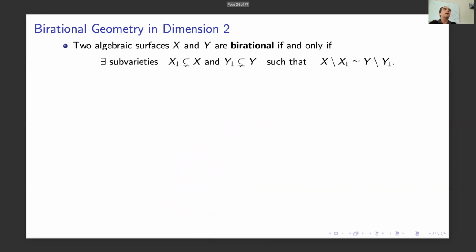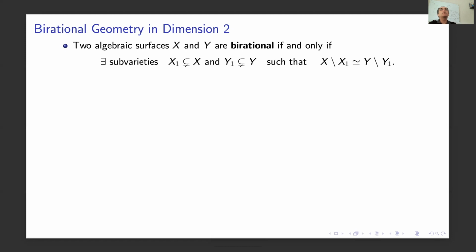Okay, so now let's see some properties of this description of these graphs. First of all, let's give a more standard definition of being birational. We say that two algebraic surfaces are birational if and only if there exist proper subvarieties x1 inside x and y1 inside y, in such a way that if we remove x1 from x and y1 from y, then x minus x1 is isomorphic to y minus y1.